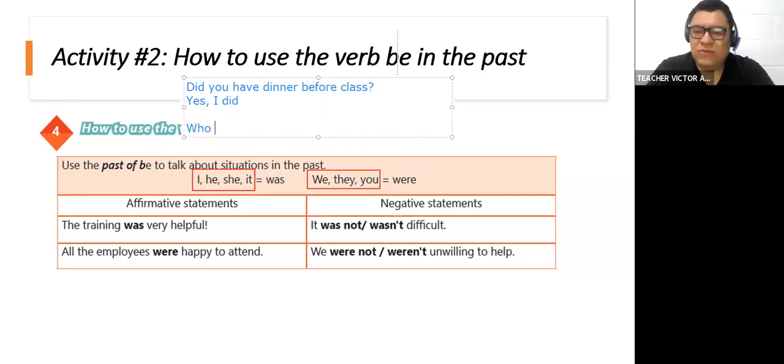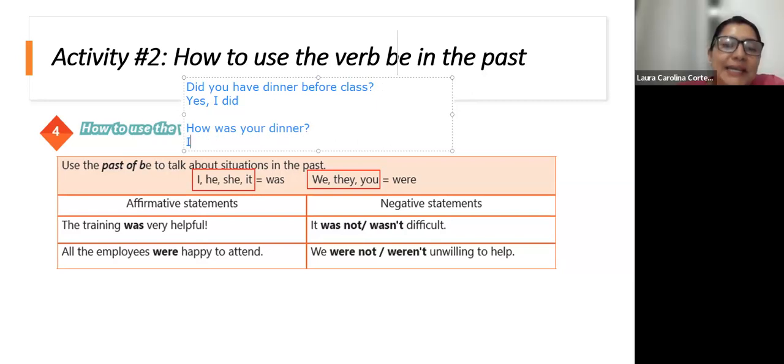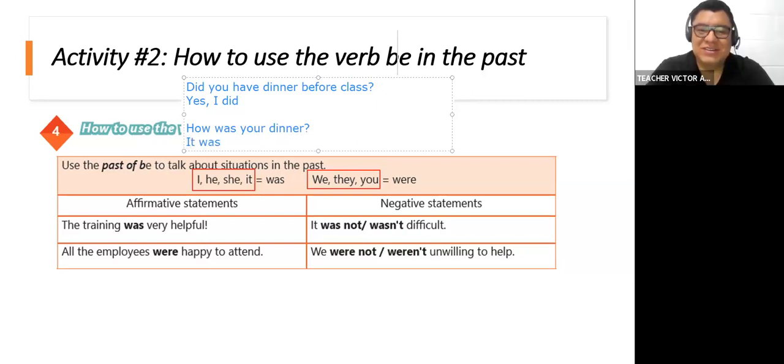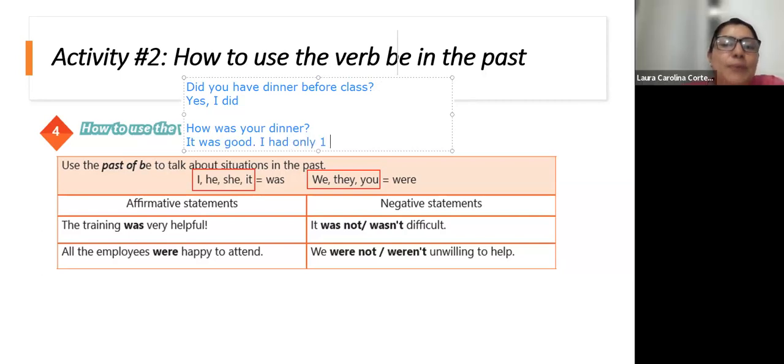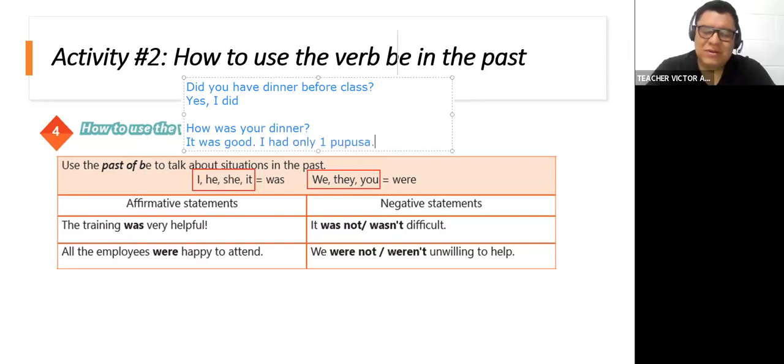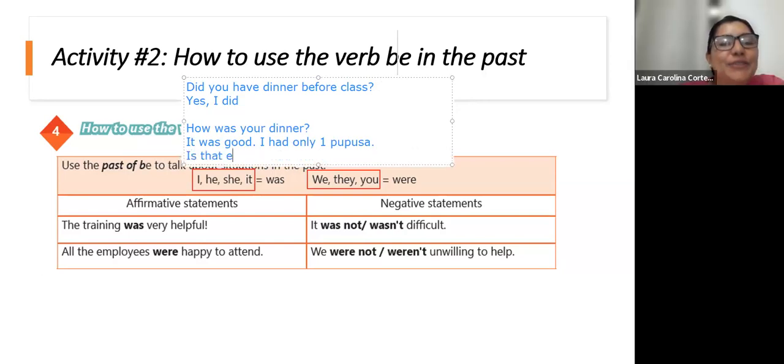And what about, okay, I know that Laura, she had dinner. How was your dinner? Good one, pupusa. It was good. Only one pupusa? Only one. Is that enough? I need to lose weight.